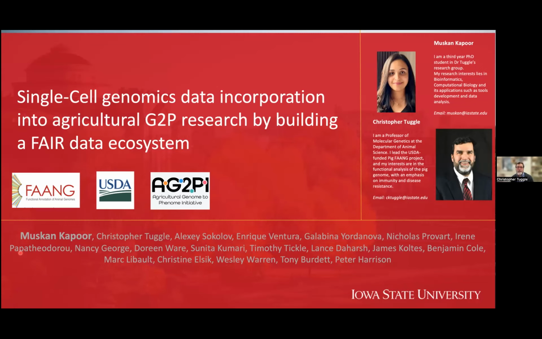I'm just going to spend a couple of minutes describing the initiation of this seed grant, and then Muskan will go through quite a bit of the nuts and bolts of how she's been working with EBI and developing some new pipelines. The title is Single Cell Genomics Data Incorporation into Agricultural Genome to Phenome Research by Building a FAIR Data Ecosystem.